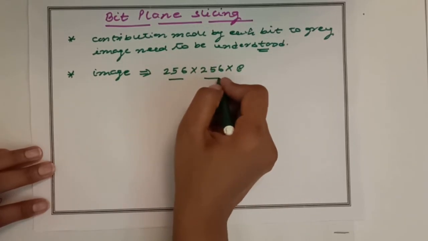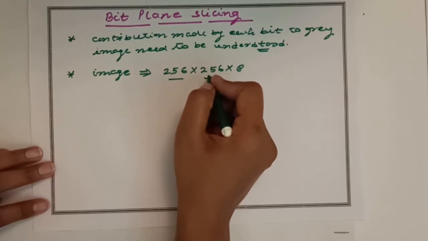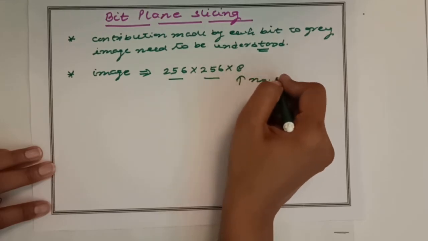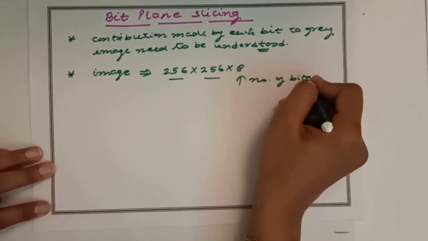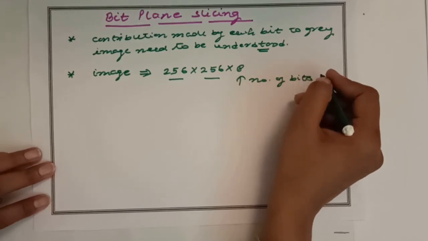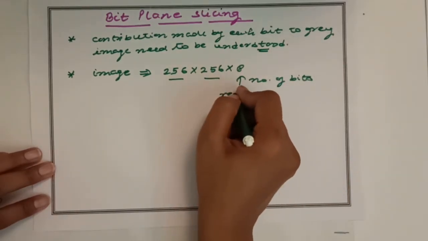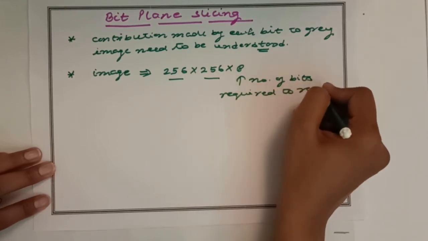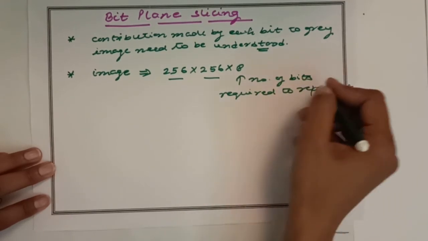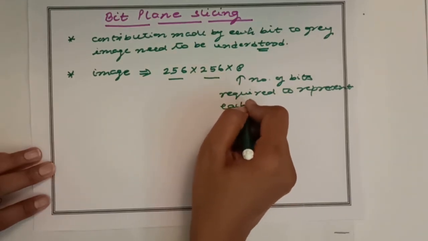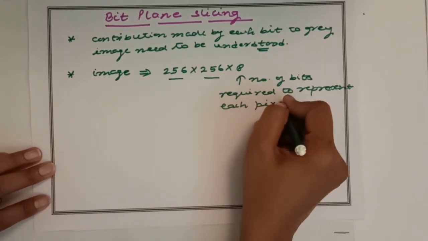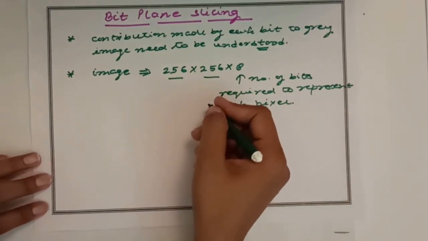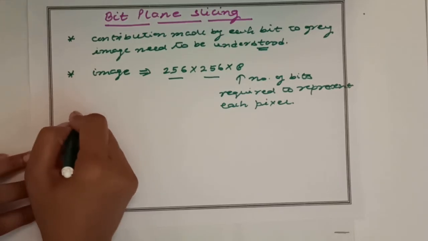Here 256 and 256 is the number of pixels present in the image, and 8 is the number of bits required to represent each pixel. 8 bit simply means 256 gray levels.